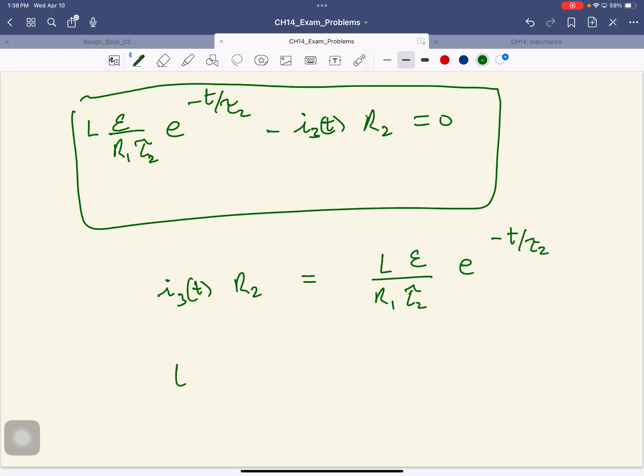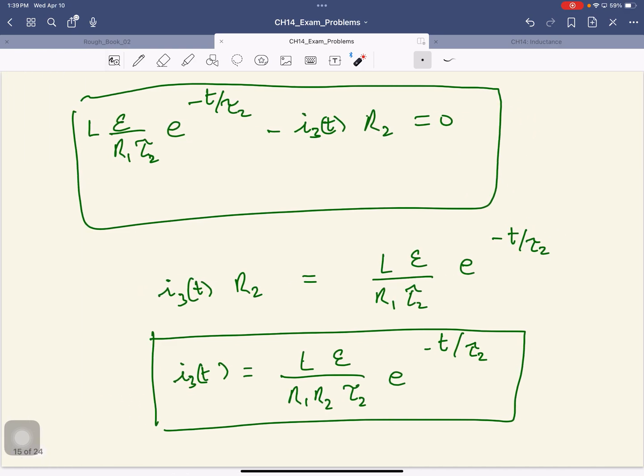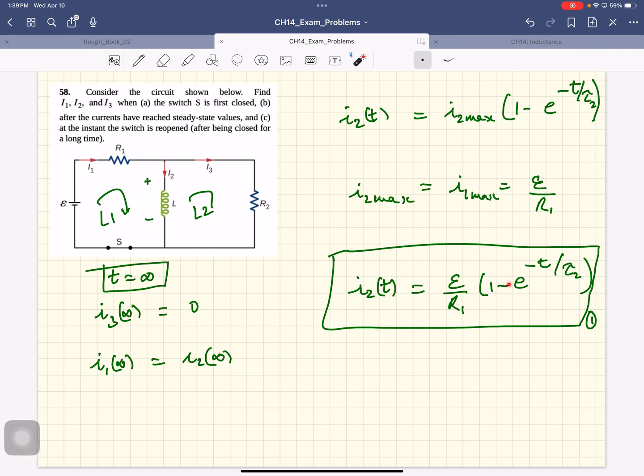Now we've got the functional form for I3(t), and we had the functional form for I2(t).